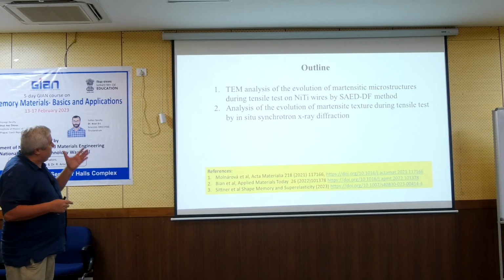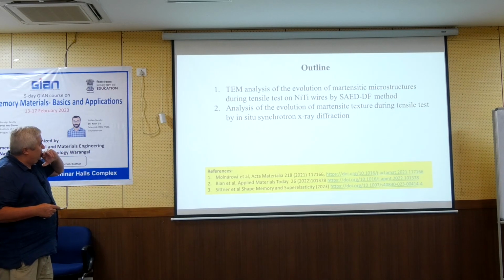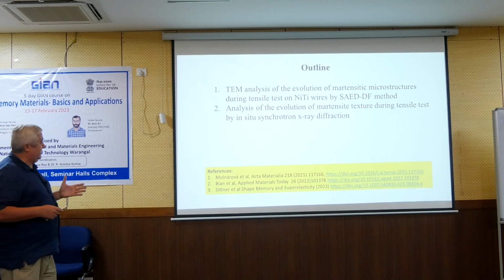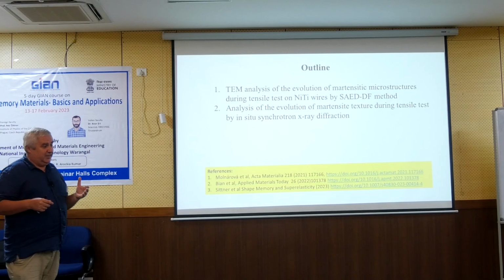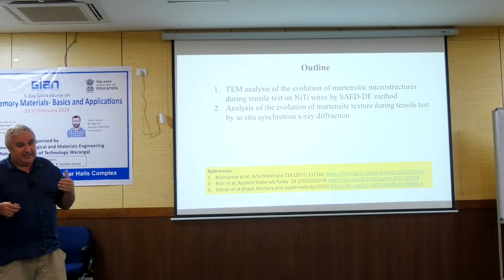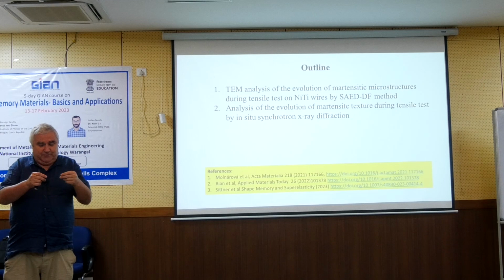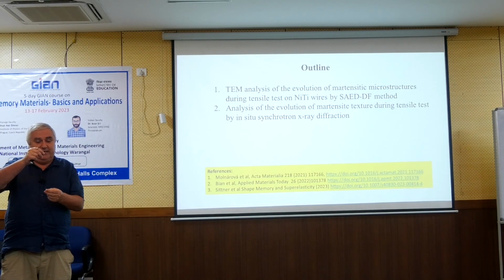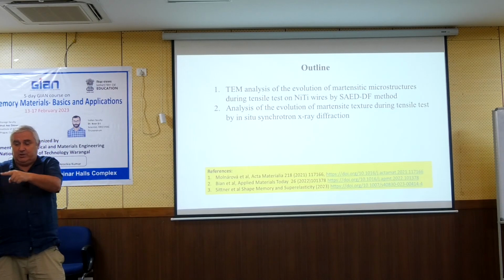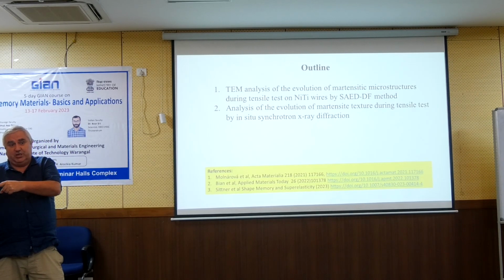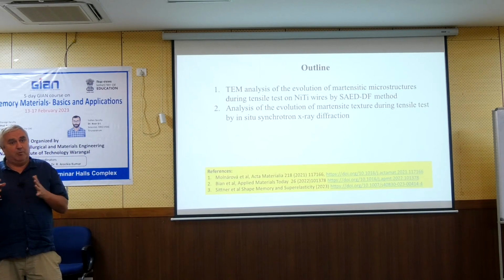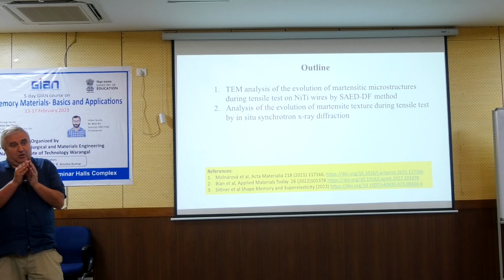Okay. To solve this problem, we performed another experiment by measuring the texture. There is a beauty of this wire: if we do X-ray diffraction, we measure lots of orientations on a 2D detector, and from that we can calculate the texture. Texture will tell us complementary information about the orientation of the martensite lattice within the gauge volume.